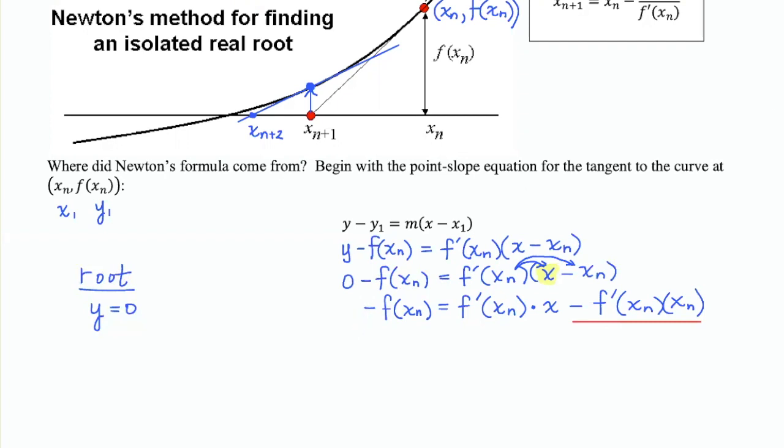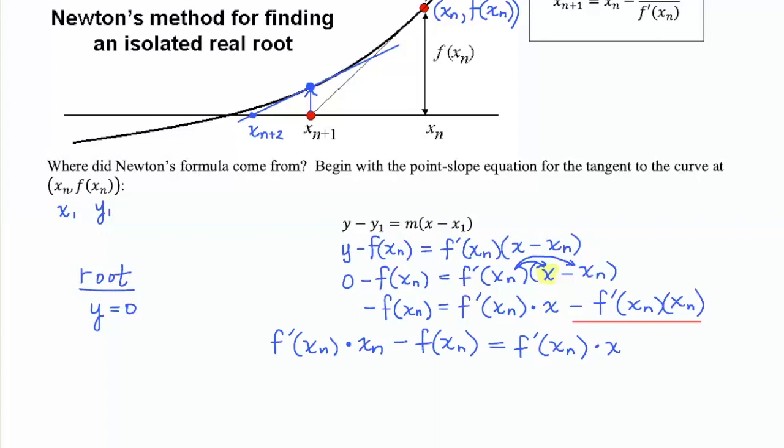So if I add it over to the other side, it will become positive, and I'm going to put it out front. I now have f prime x sub n times x sub n minus f of x sub n equals f prime x sub n times x.